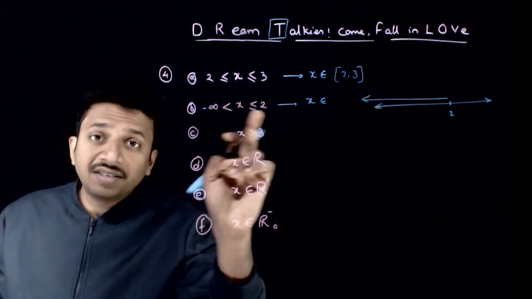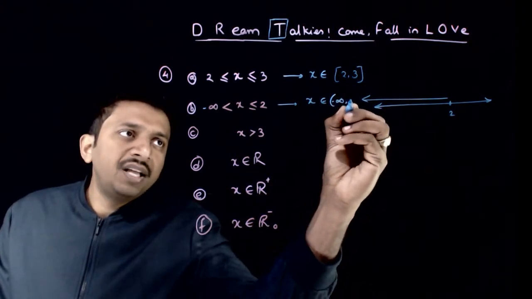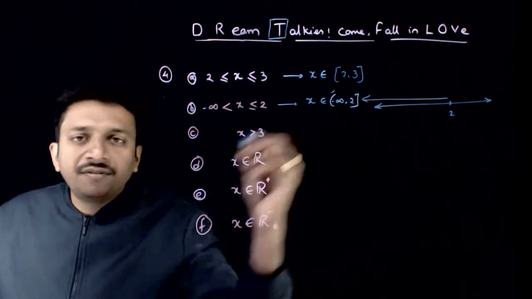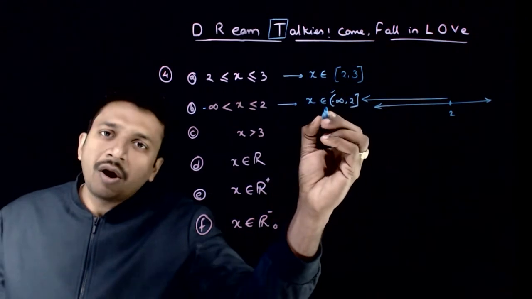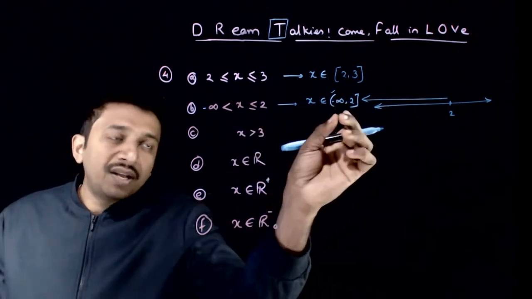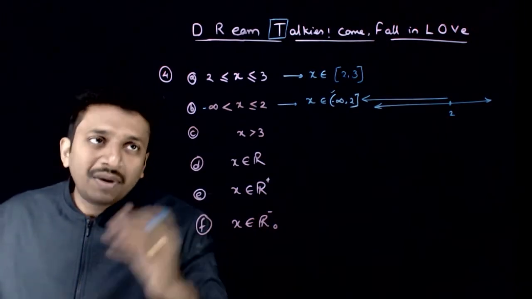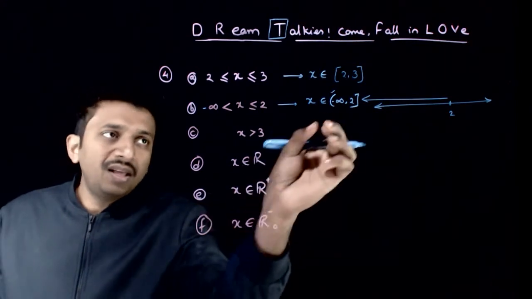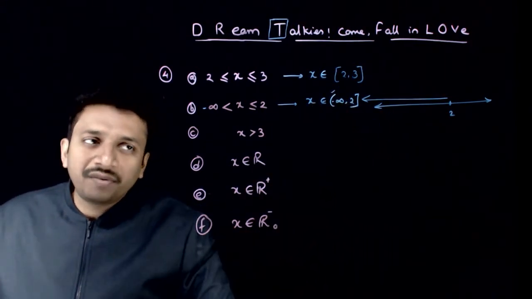So how will I write this in terms of intervals? x belongs to open minus infinity, close 2. So remember this, whenever you have infinities, you always use an open interval. Because infinity is not a number to be closed. Whenever you write close, that means infinity exactly is also included. But infinity is not a number that can be included in the interval. So always, whenever you have infinities, we use an open interval.